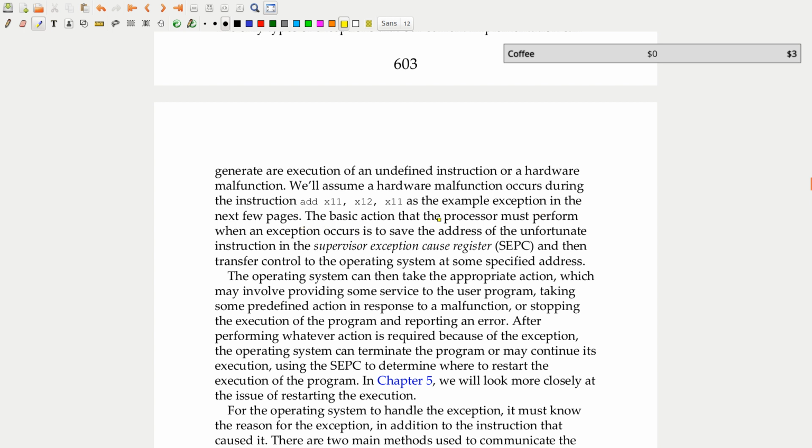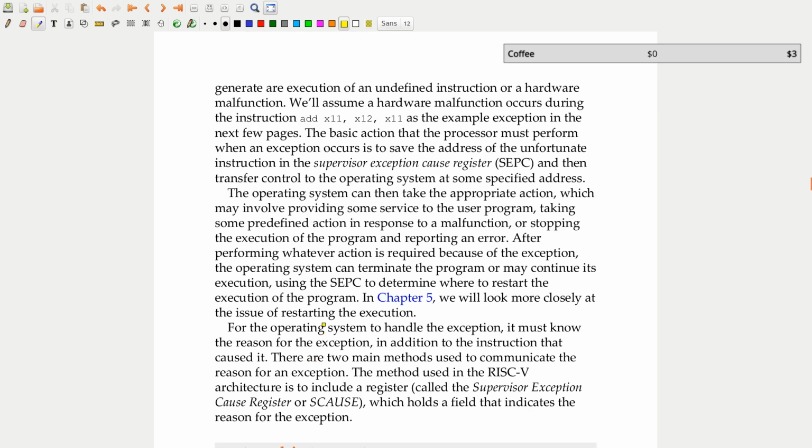The basic action the processor must perform when an exception occurs is to save the address of the unfortunate instruction in the supervisor exception cause register. So basically we want to save where we failed, so that we know specifically. It'll save the PC value of this instruction. And the operating system can take the appropriate action, which may involve providing some service to the user program or some predefined action.